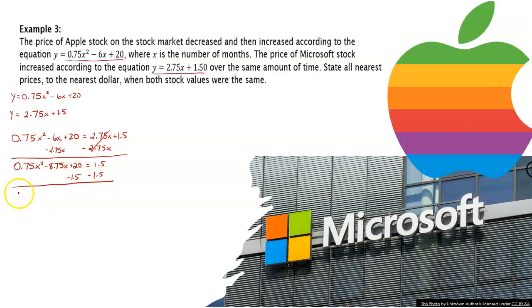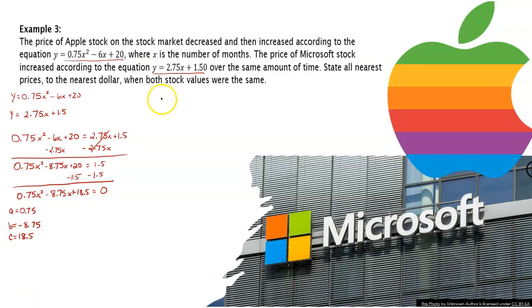And we'll have 0.75x squared minus 8.75x plus 18.5 equals 0. Now we can go ahead and identify the a. It is 0.75. Our b is negative 8.75. And our c is 18.5.